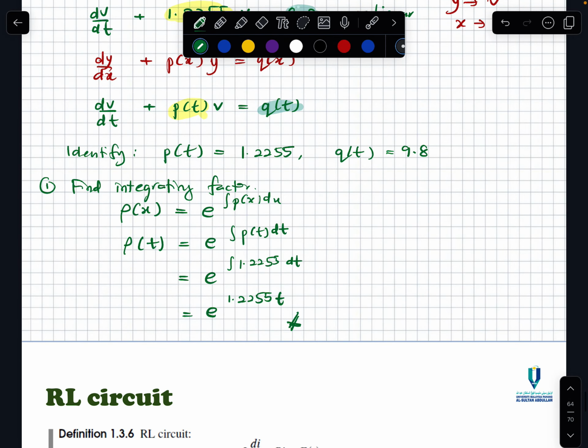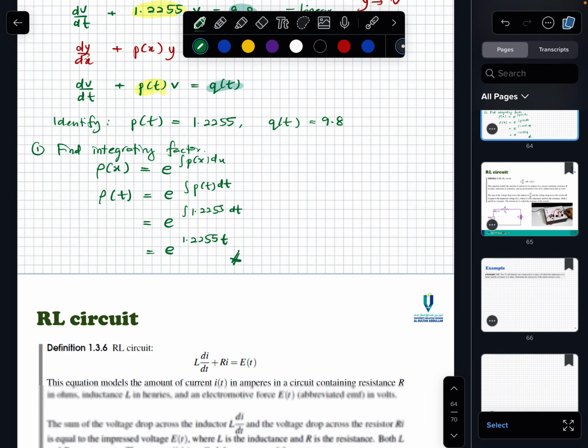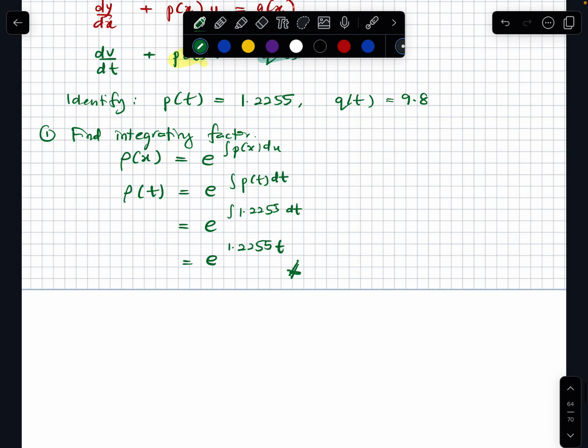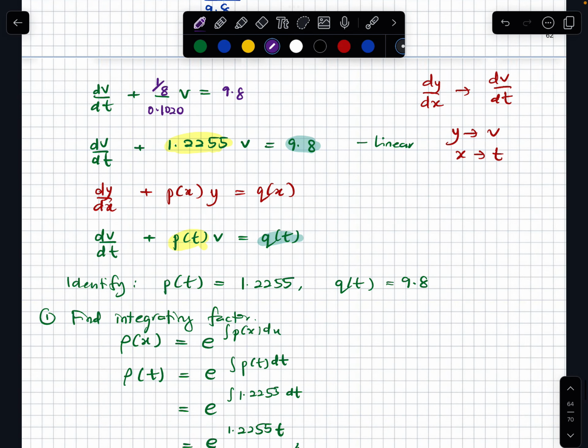Next, let's do the second step, which is to multiply the entire equation by rho(t). So this is your equation, with rho in place.